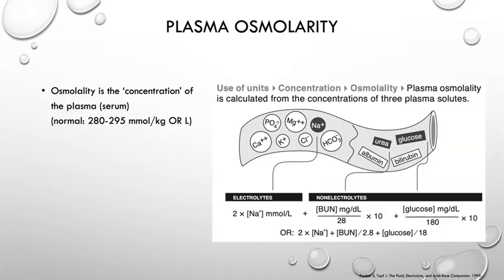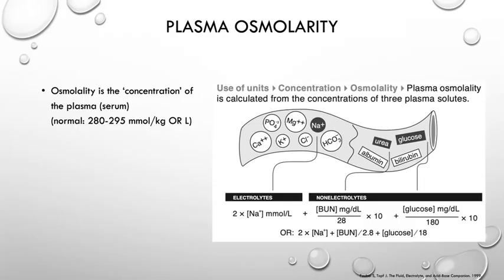However, the only space that we can directly measure is the intravascular space. So mostly we'll be talking about plasma, aka serum, osmolality. When water and solutes are balanced, normal plasma osmolality is about 280 to 290 millimoles per liter. We can measure the plasma osmolality via a blood sample, which accounts for all of the solutes shown here in the diagram.